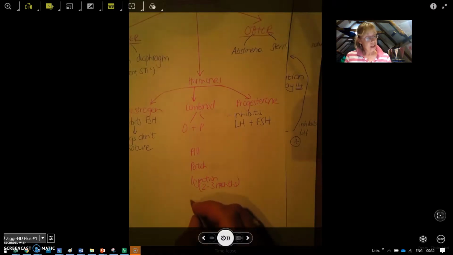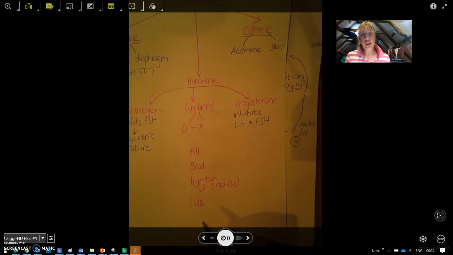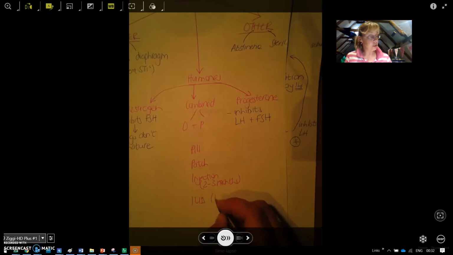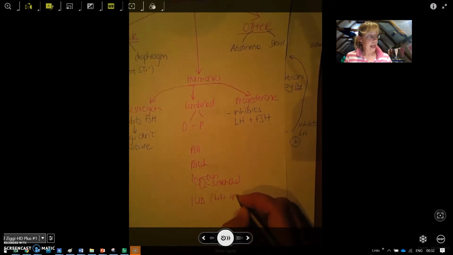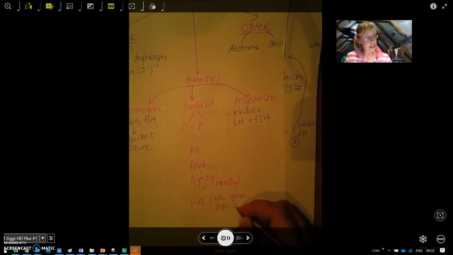And then the doctor or a nurse can insert an intrauterine device into your uterus. And what that does is it kills any sperm, and it also stops implantation. So it kills sperm and it stops the fertilized egg from implanting into the uterus to grow.